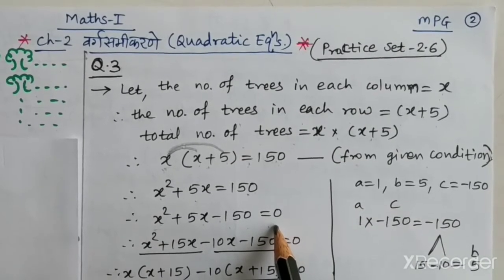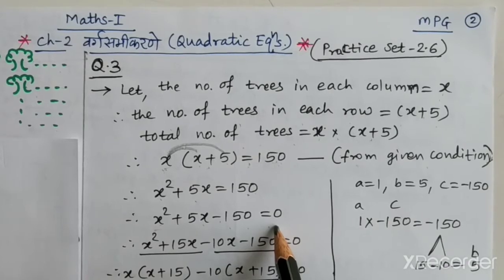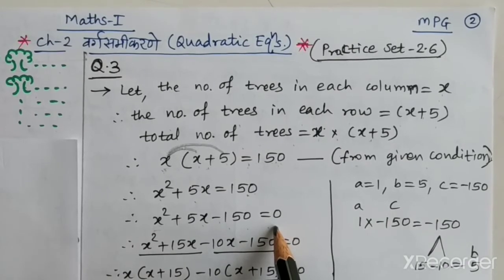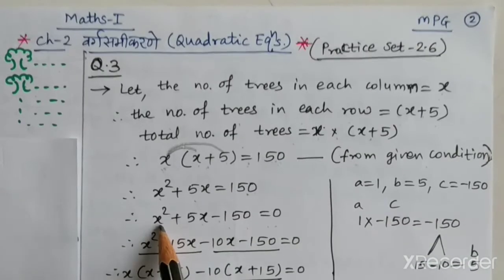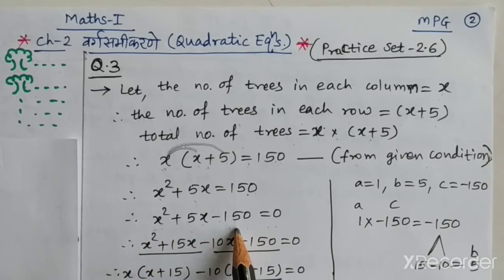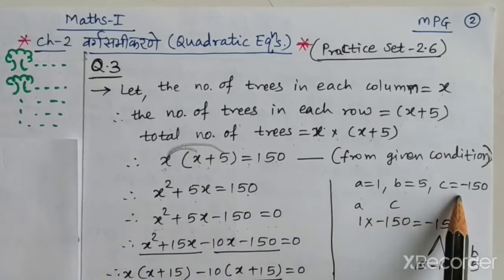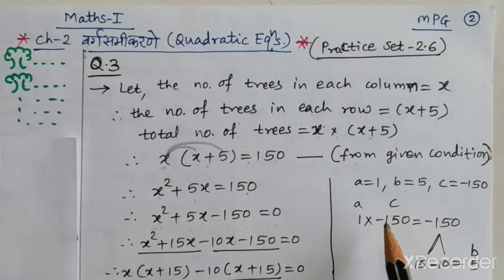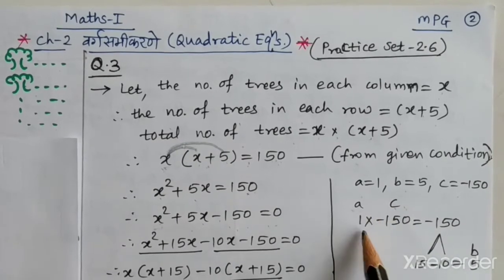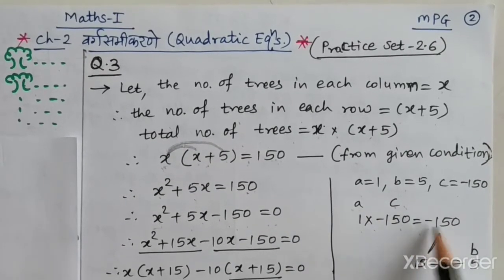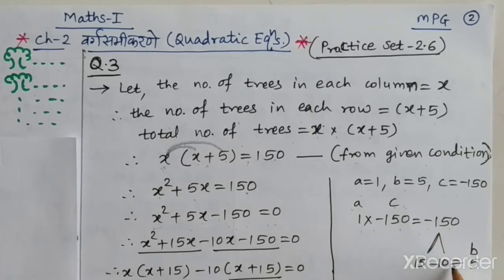So your quadratic equation is already in standard form. Consider the values of a, b, c here. We will solve this quadratic equation by the factorization method. So a is 1, b is 5 and c is minus 150. Now take the product of a and c: 1 into minus 150 is minus 150. And b is 5.